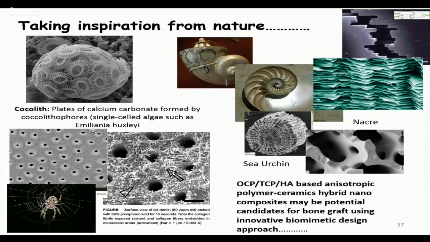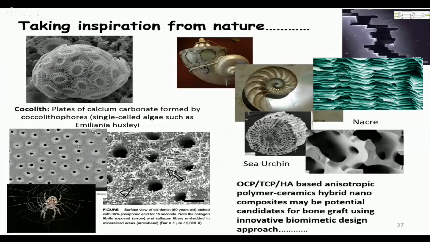So defect size, I remember that fracture toughness is directly proportional to the square, not square, square root of crack length. So crack length here will be much smaller, defect size is much smaller, and that is why this material is the strongest material. Similarly, these spider webs also have two types of fibers.